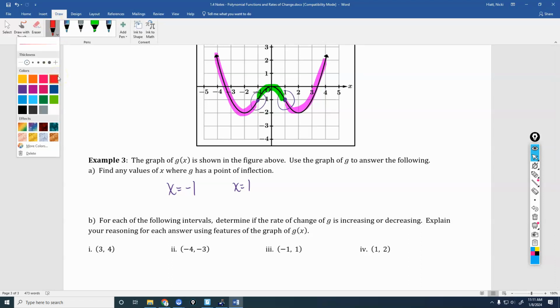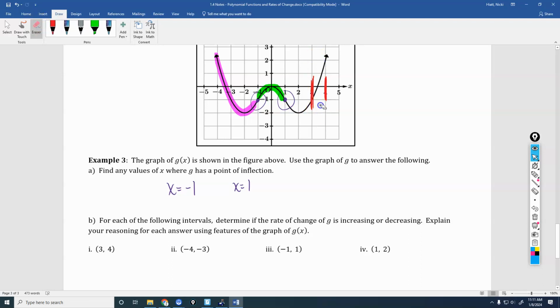So if we look at the graph from 3 to 4, okay? I got too many things going on here. Let me erase my highlighting. From 3 to 4, if I do little increments here, if I look at the rate of change, is it increasing? Would the value of those slopes be getting bigger or smaller?